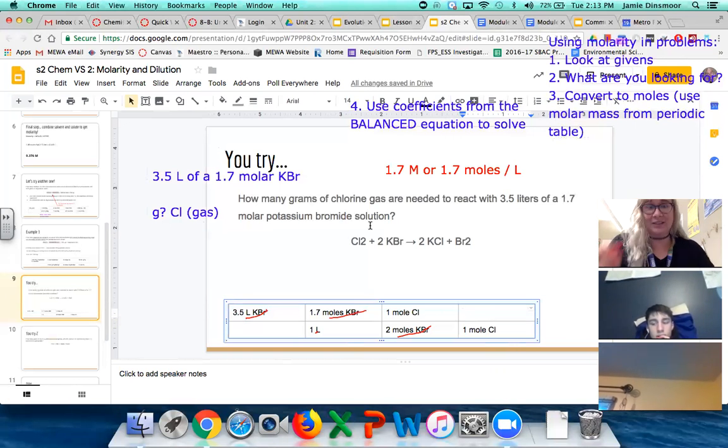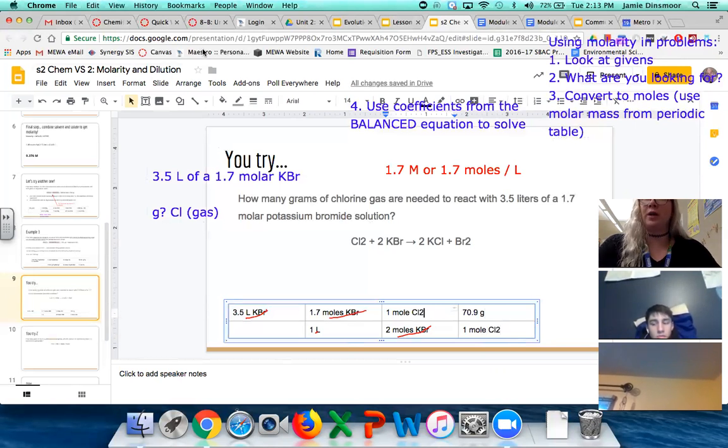So chlorine gas has a molar mass of 70.9 grams per 1 mole Cl2, right? Because this is a chlorine gas. Okay, probably should write the 2 on this too.